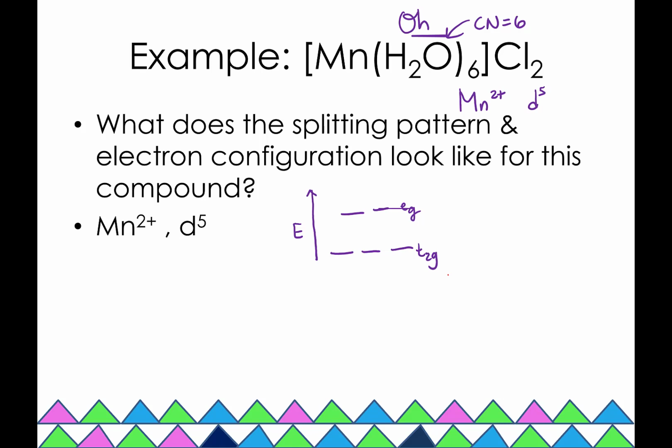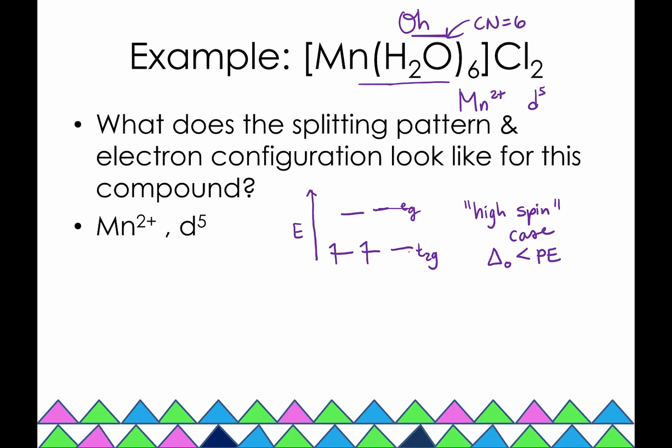We're going to talk about this in the next lecture, but water is not a very strong field ligand. So we'll talk about what that means in the next lecture. This is most likely going to be a high spin case, which means that our delta octahedral is smaller than our pairing energy.